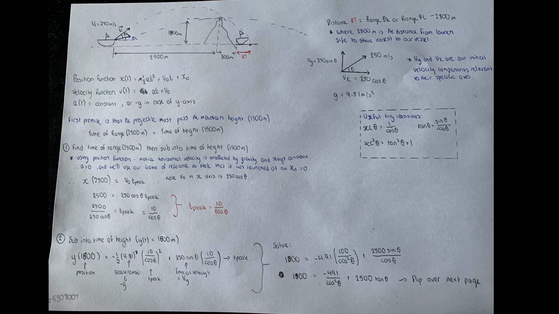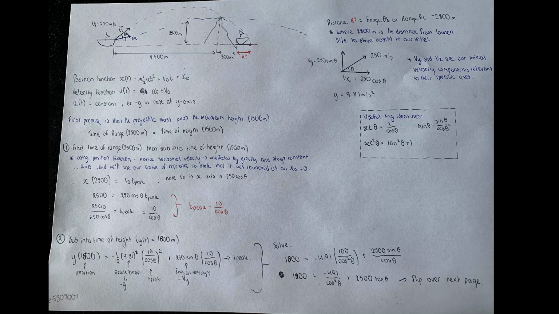Substituting in v naught in the x-axis, which is our vx, and solving for time peak, some rearrangement gives 2,500 divided by 250 cos theta is equal to time peak, which you can further simplify to 10 over cos theta.